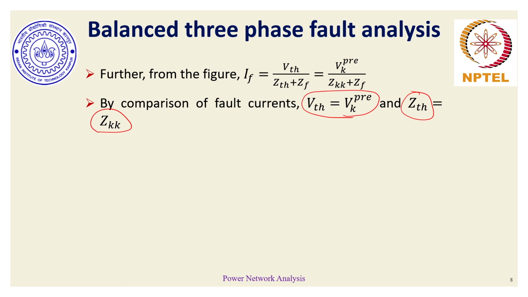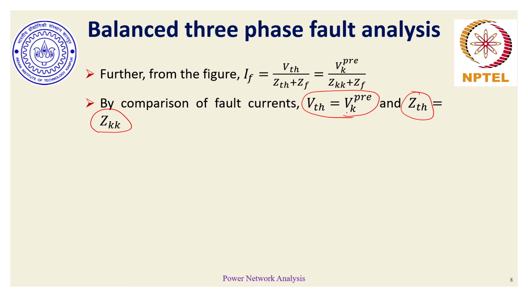And remember, in Thevenin's theorem application, we always focus on the pre-fault condition. We don't consider the impact of fault yet while evaluating the Thevenin circuit. And by comparison of elements, what we see here is that the Thevenin voltage and Thevenin impedance also happen to be the pre-fault situation, not the post-fault situation.